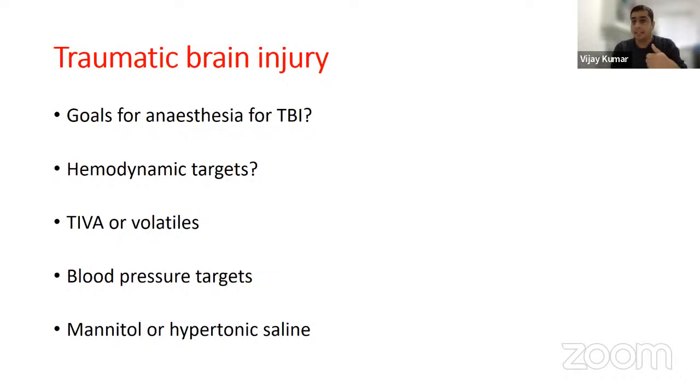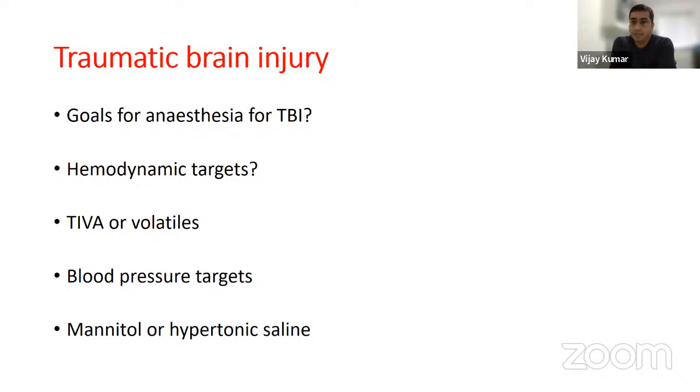Traumatic brain injuries have high chances of malignant cerebral brain edema and all those things. So TIVA again reduces the chances of that. And most of these patients present with a low GCS and will be ventilated post-operatively. So it's quite useful to shift the patient on an ongoing infusion of propofol.